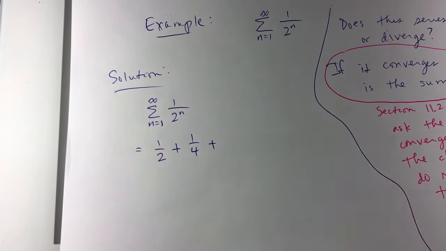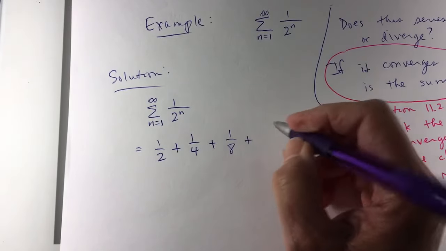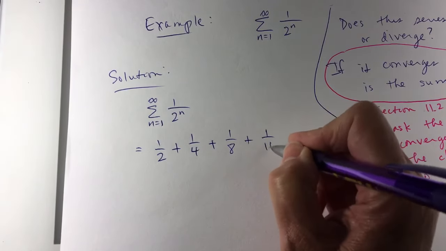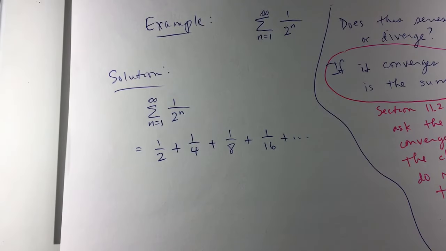When n is 3, it's 1/8. When n is 4, 1/16. So there's my series. And to determine whether or not it converges, one thing I can do is look at partial sums.